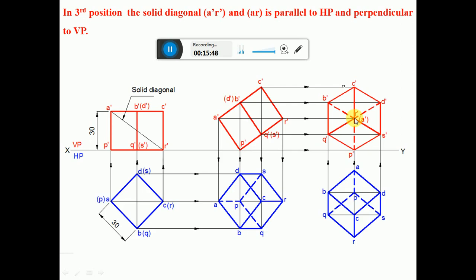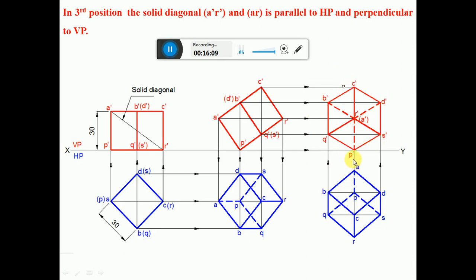Which are those edges? AP, AB and AD. So AP is going to become invisible, so you make it a dotted line. Similarly, AD will be a dotted line, and also AB will be a dotted line. So done. This is how we finish this.